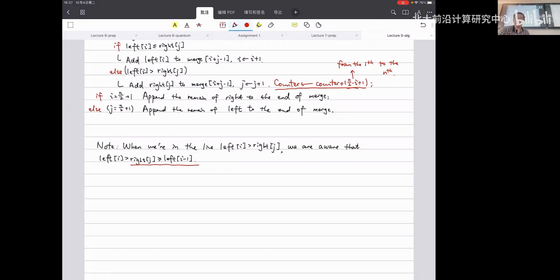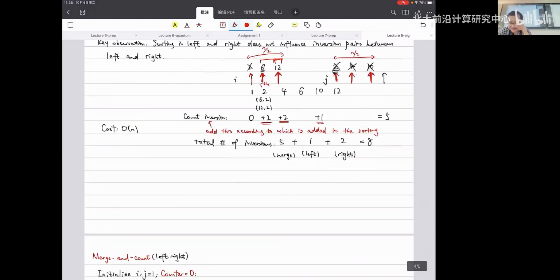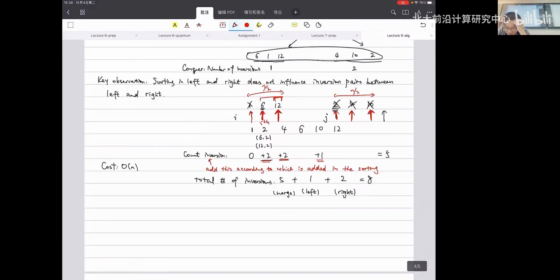Okay. Any other questions? I was wondering why I gave this n over 2 plus 1, not just n over 2. At the boundary case, this is not so important. It's just a way of writing this rigorously.